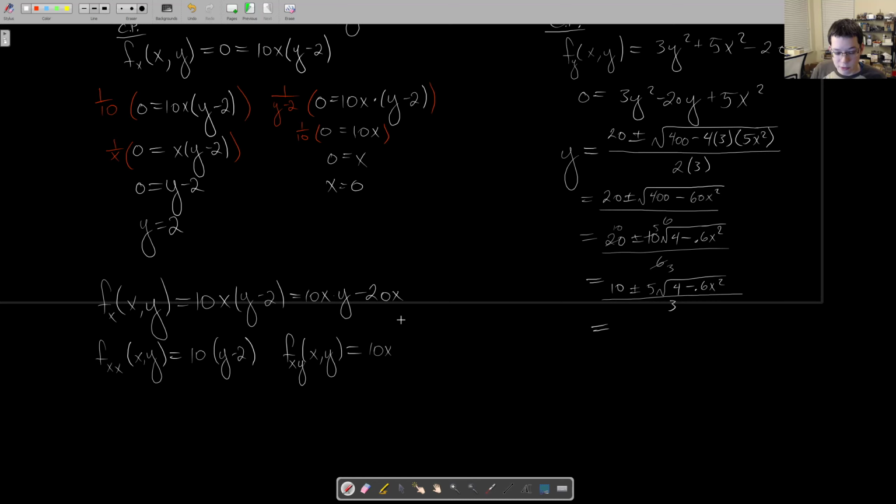Derivative of that with respect to y is going to be 0, so we'll do plus 0. Now, 10x is going to be positive for x greater than 0, and it's going to be negative for x less than 0, and it'll be 0 when x is equal to 0.